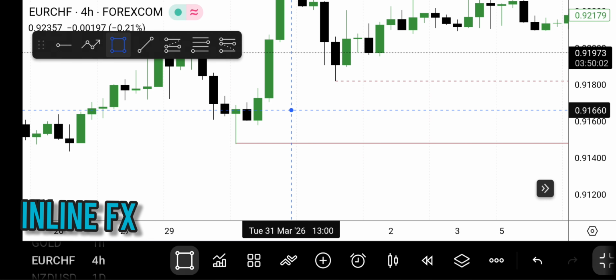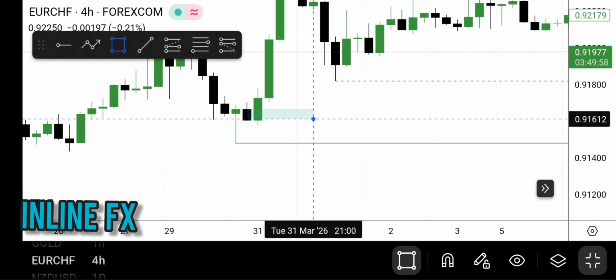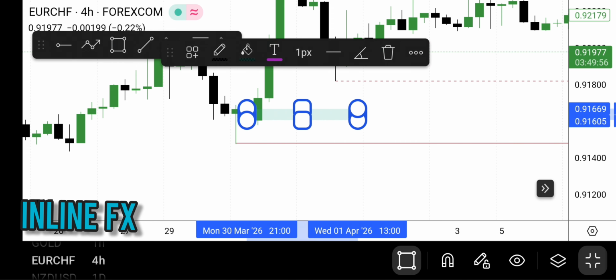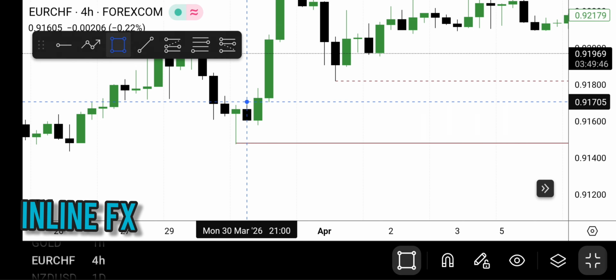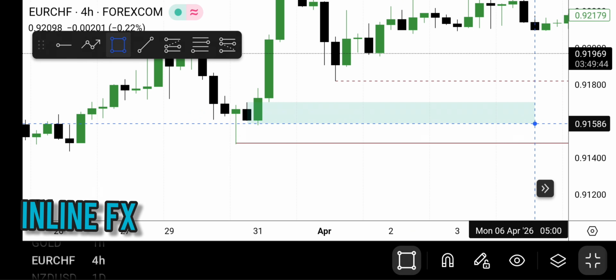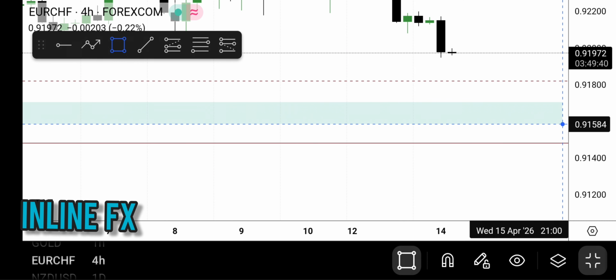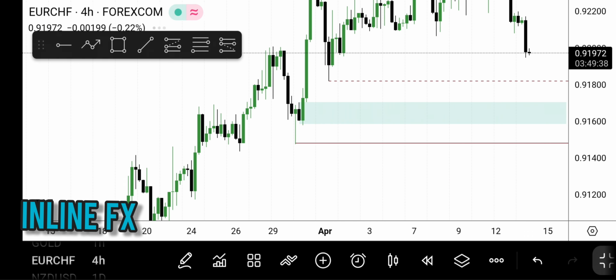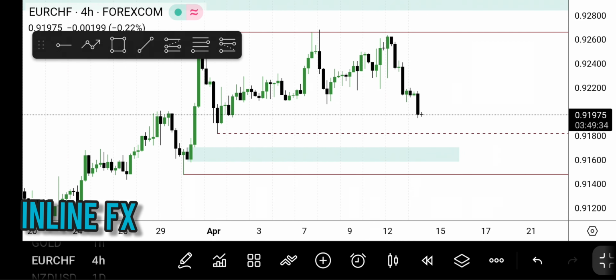Below this inducement, we have this order block here. Okay, we can take the whole of it. If you're taking the whole of it, that means that's going to be our entry.